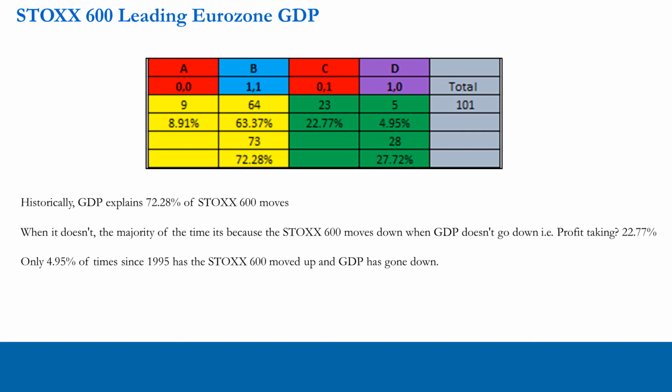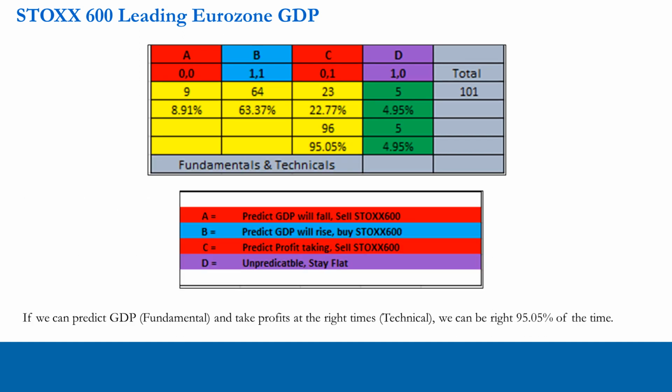So we have roughly 72% of times the Stoxx 600 and Eurozone GDP moving in the same direction, reported in the same direction, and roughly 28% of times moving in the opposite direction. However, we know that the vast majority of times when they don't move together, we get the 0, 1 situation. We get the profit-taking or technical outcome.